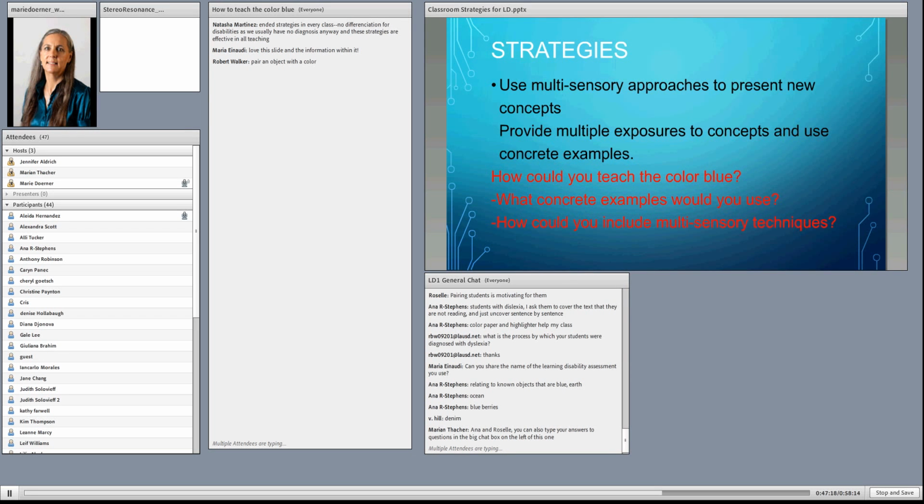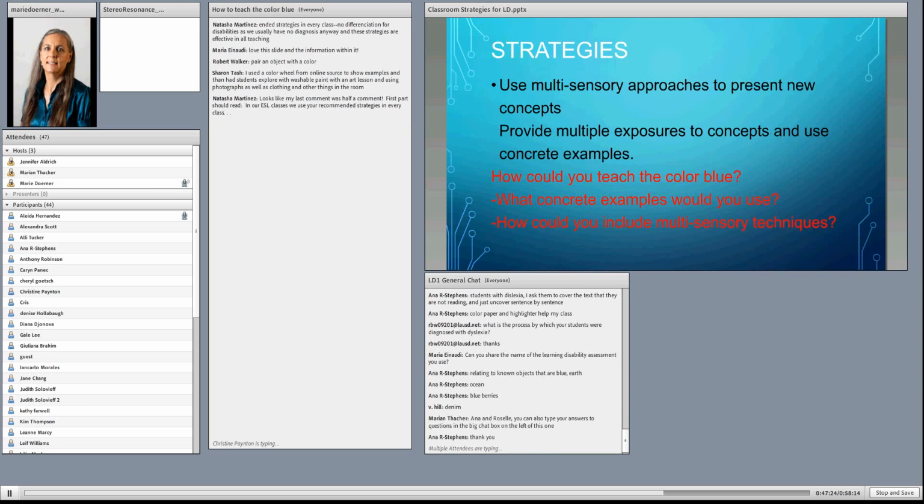Pair an object with a color. Maybe you could use a color wheel from an online source and show examples. Have students explore with washable paint.